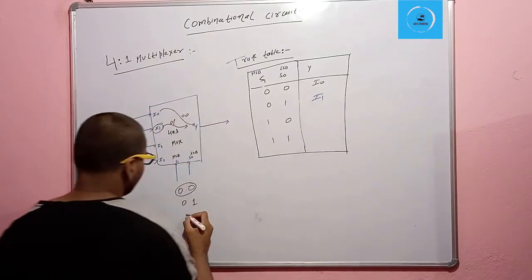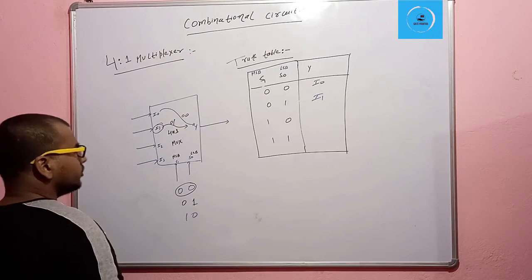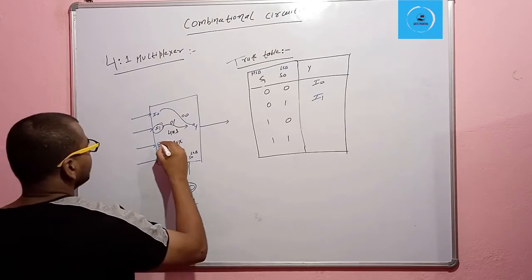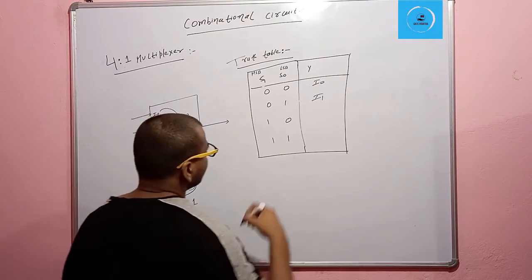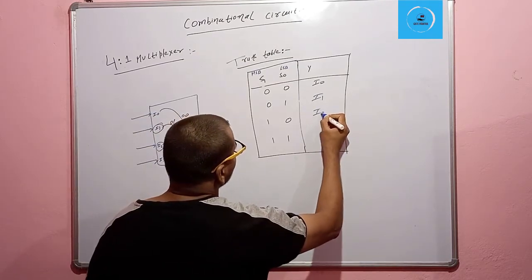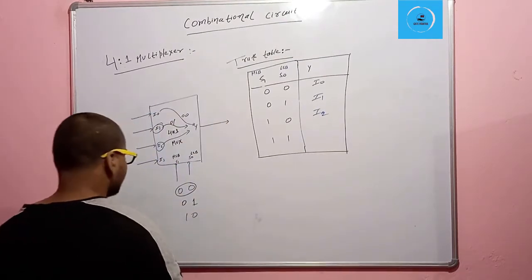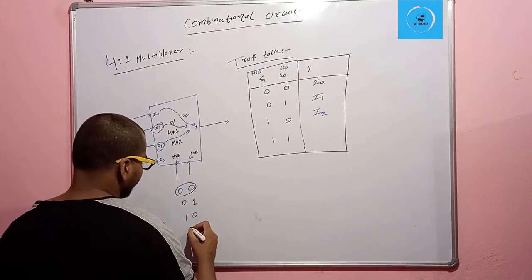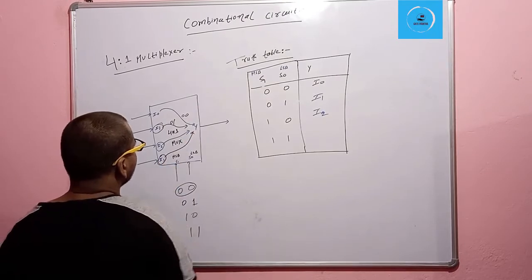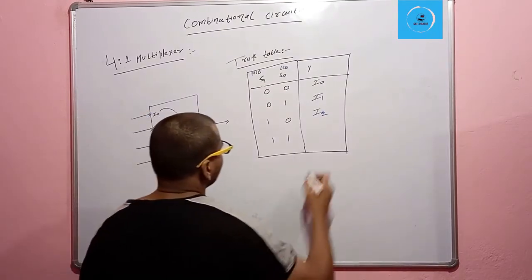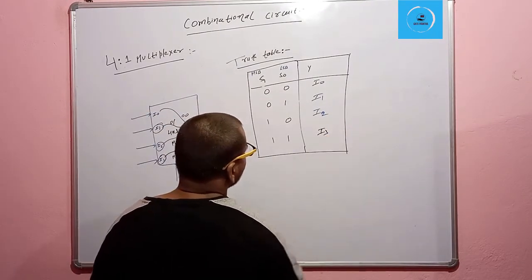When we give 10, then I2 will be present at the output, and when we give the select lines as 11, then I3 will be present at the output.